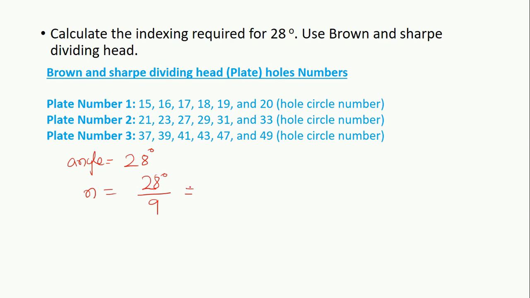So we can easily calculate it as 3 and 1 by 9. That means 3 complete rotations of the crank plus 1 by 9 rotation of your crank.